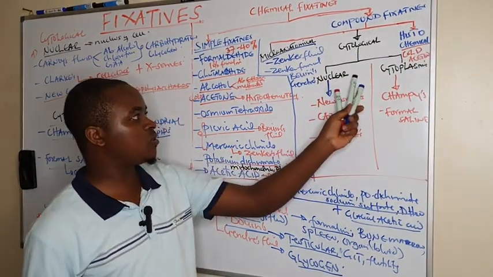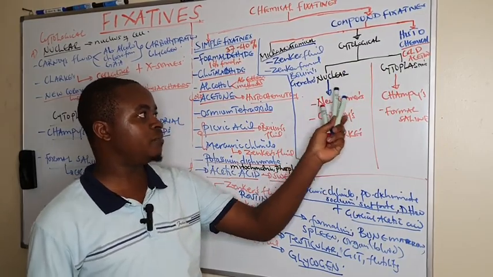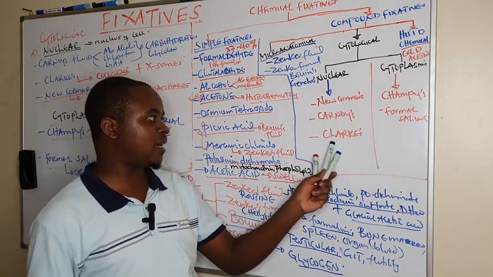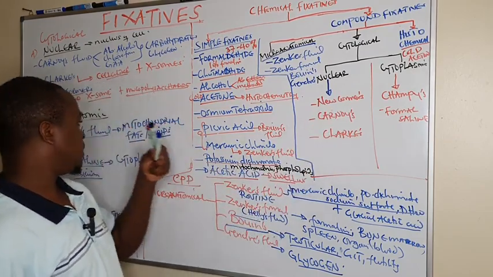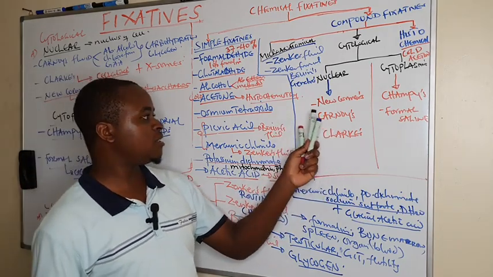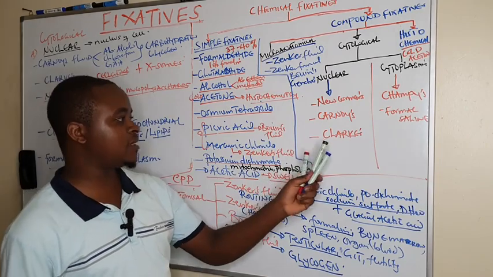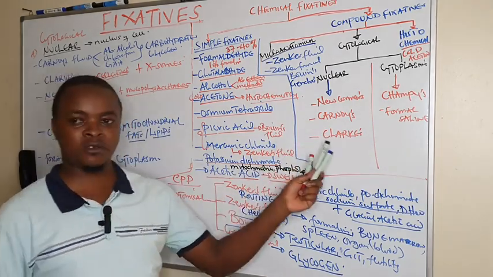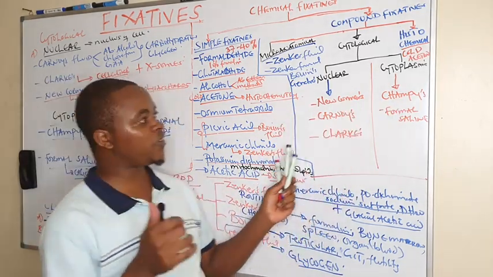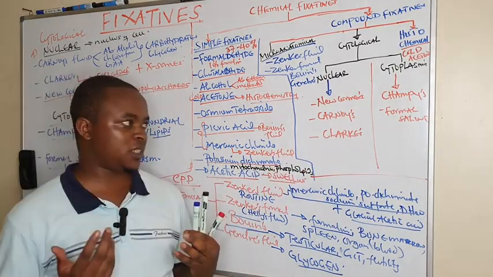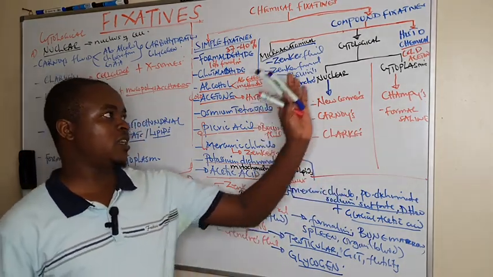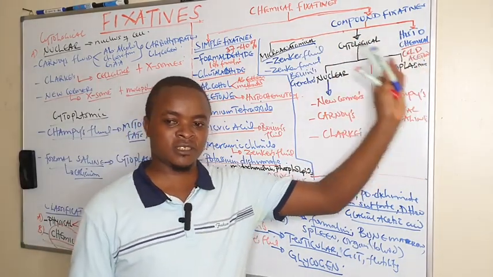And under cytological, we further categorize them into nuclear and cytoplasmic, whereby under nuclear we have seen Newcomer's, canoid, and Clark, whereby Newcomer's is good for mucopolysaccharide and chromosome, canoid being good for demonstrating carbohydrates, then Clark good for chromosome and cell cultures. Then we have seen Champy is good for mitochondrial fats or lipids preservation. Then formal saline also for cytoplasmic structures of the cell. Then we have ended with the cold acetone for frozen sections.